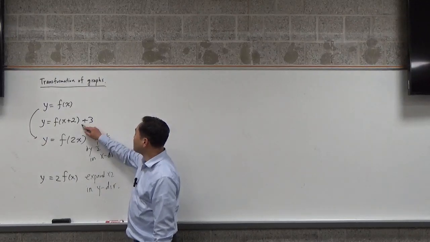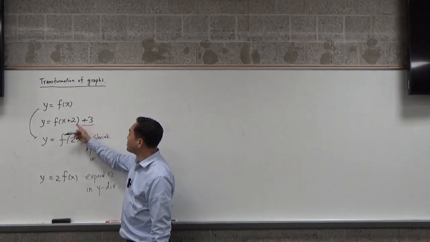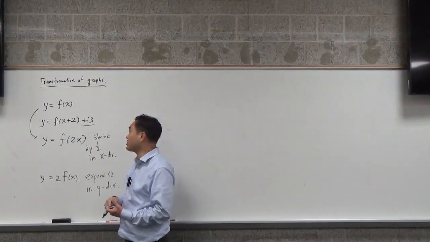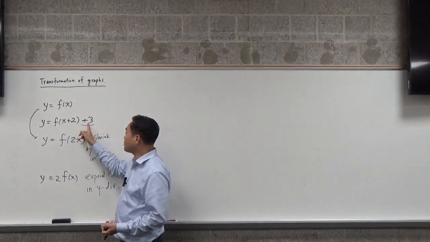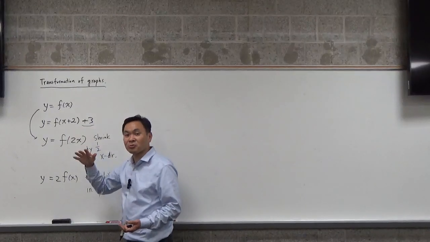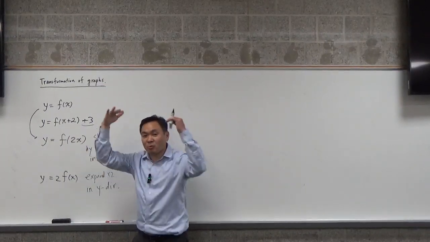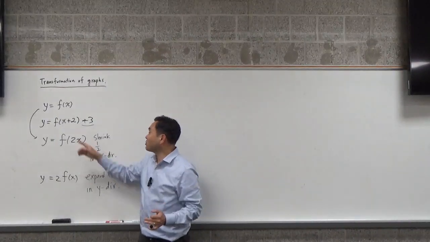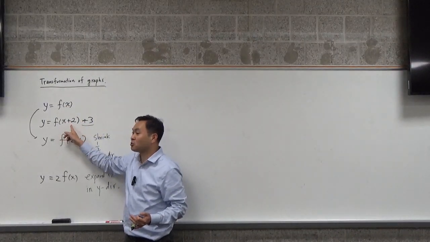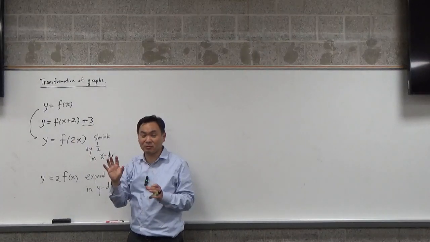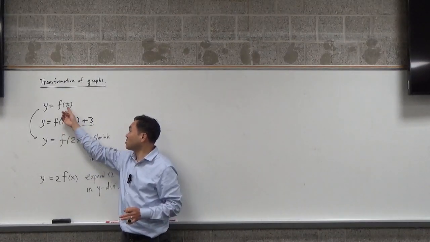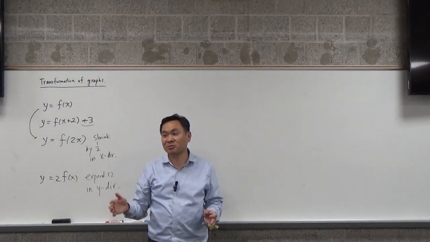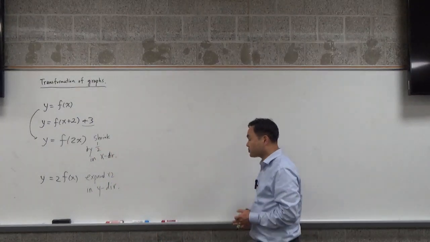Yeah, so if you add something like this, you're modifying the function. The graph will behave how you would expect it to. You're adding the 3 to the values of the function, so all the values get raised by 3, therefore the graph will move up by 3. However, if you replace x by x plus 2, that's a replacement, right? If you substitute the variables, that would result in the opposite effect on the graph.